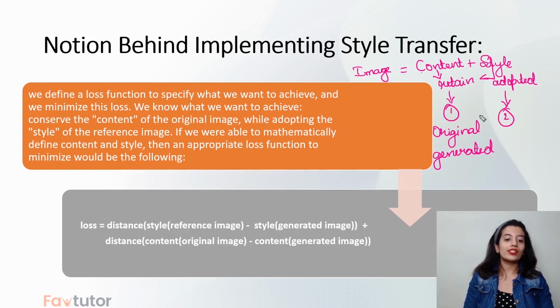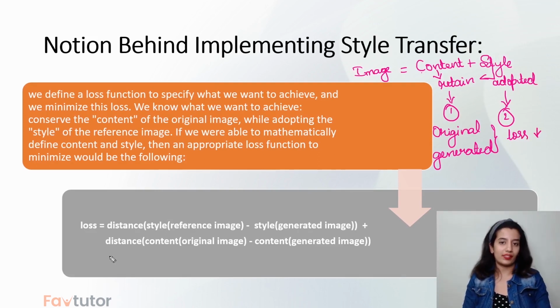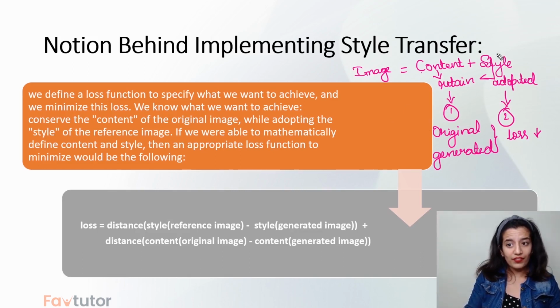So this original content and the generated content image should have the same similarity. That means the loss between these two should be very small. Okay, so this is about the content loss. Then if I talk about the style loss, it is similar.